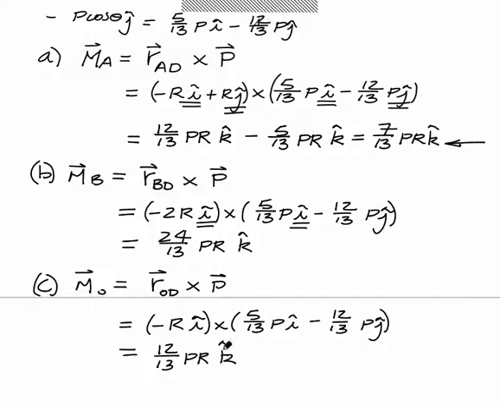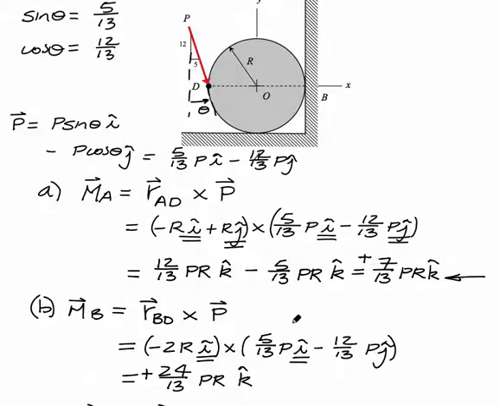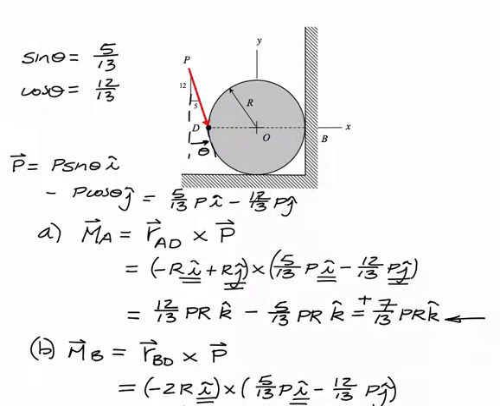Let's see if those make sense. And what I mean by sense is, does the sign make sense? In each case, the moment was in the positive K. Can we reason that out by looking at the figure? We can see here that P, we can think of that as being broken up into X and Y components that look like this.